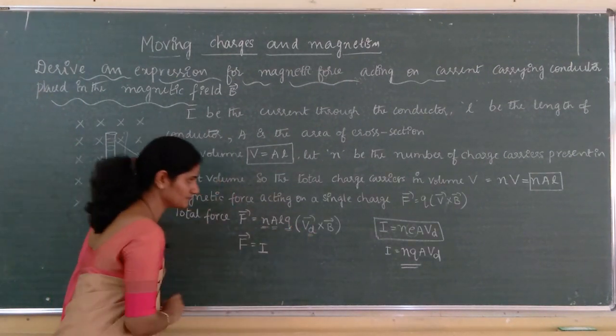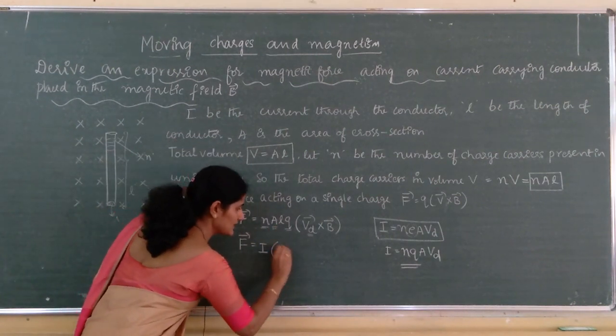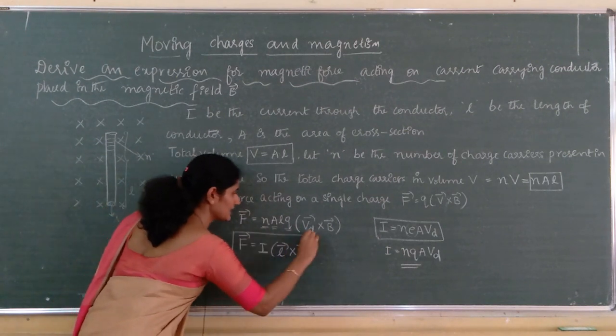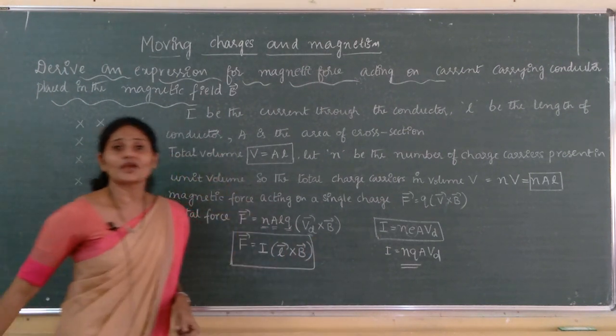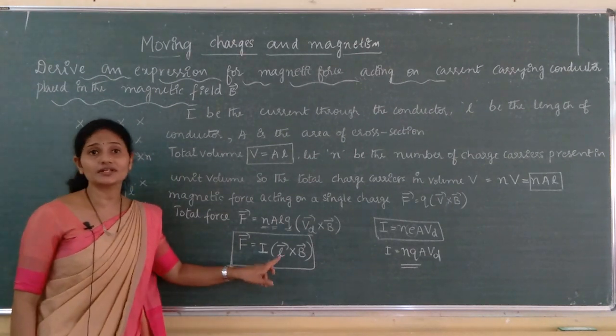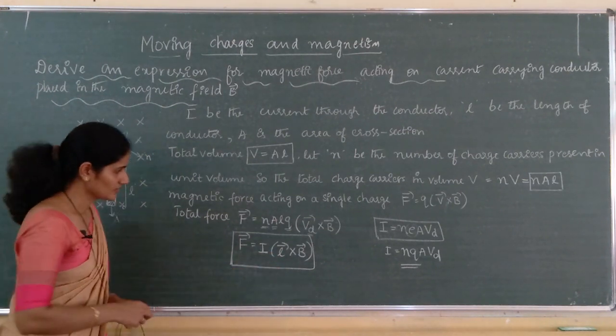So, I into L cross B. Here we are taking L as a vector quantity. Here L, length, is nothing but the vector quantity, L vector.